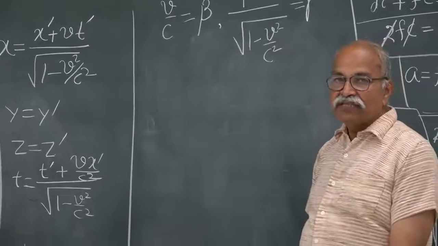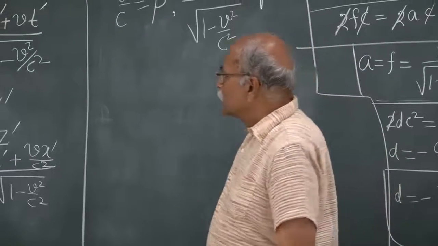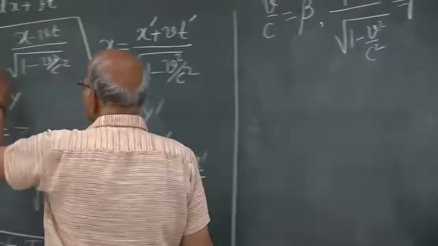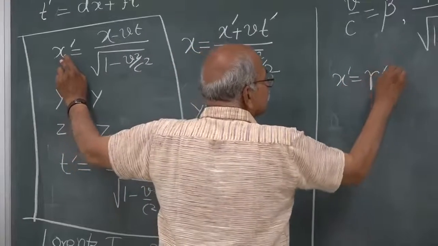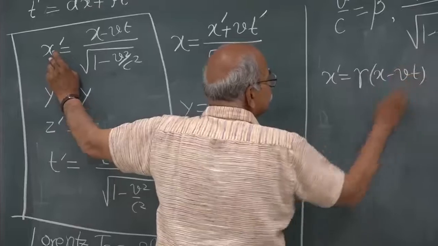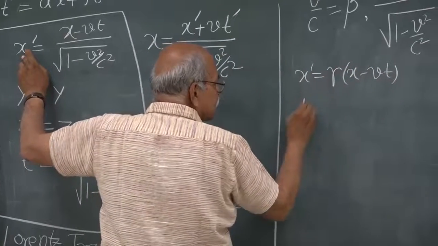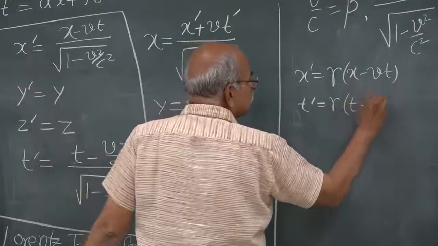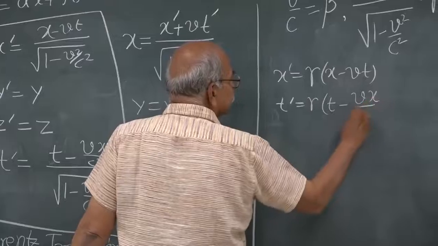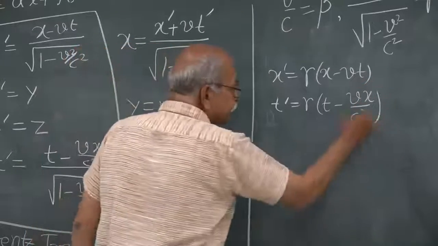In terms of these you can write x prime is equal to gamma times x minus v t, y prime is equal to y, z prime is equal to z, and t prime is equal to gamma times t minus v x by c square. These are the kind of symbols people often use.